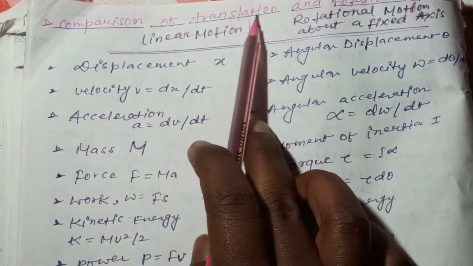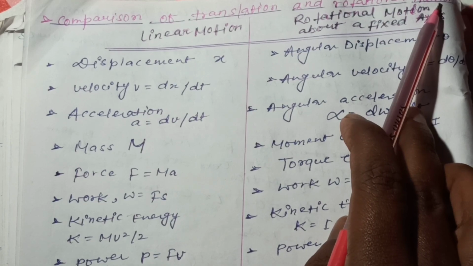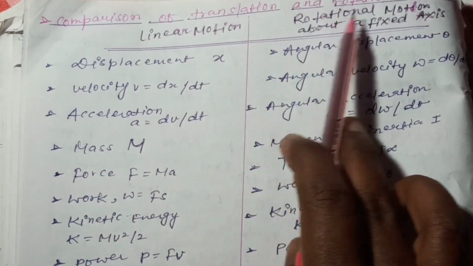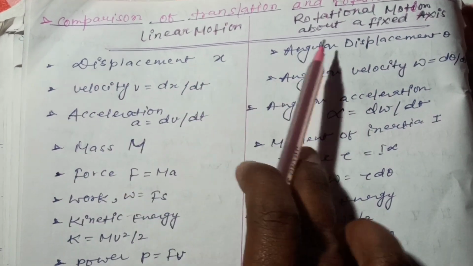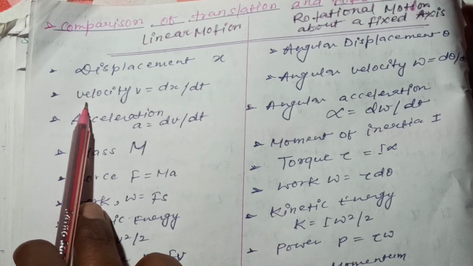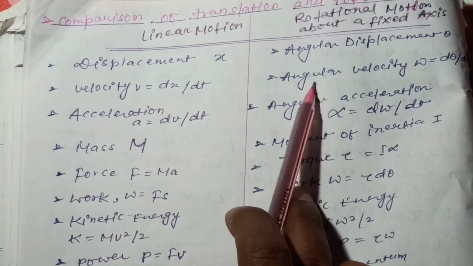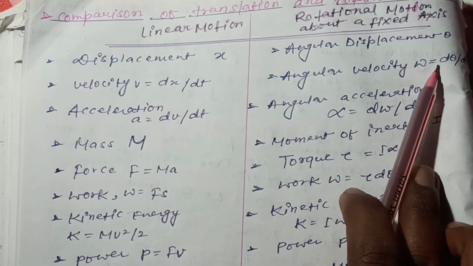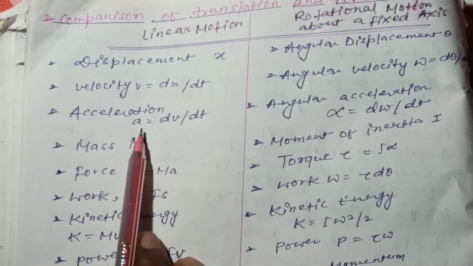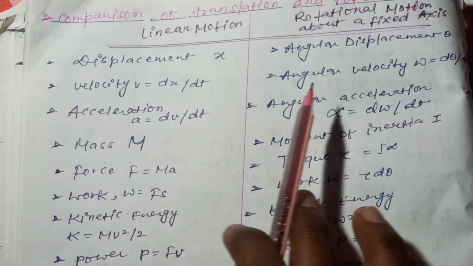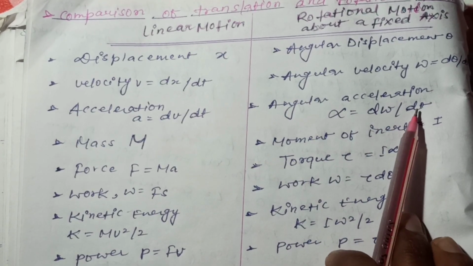Comparison of translational and rotational motions. Linear motion versus rotational motion about a fixed axis. Displacement x, angular displacement theta. Velocity v is equal to dx upon dt; angular velocity omega is equal to d theta upon dt. Acceleration a is equal to delta v upon delta t; angular acceleration alpha is equal to delta omega upon delta t.